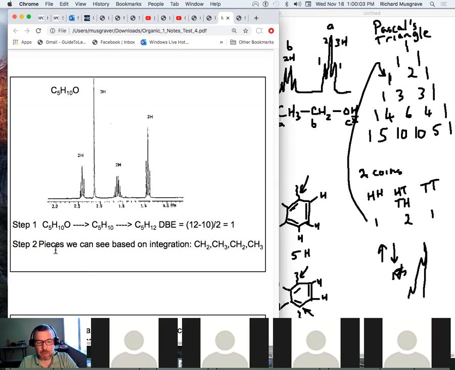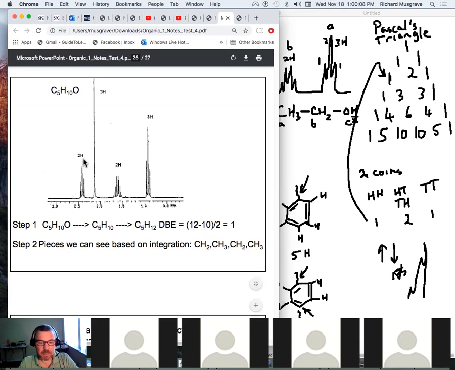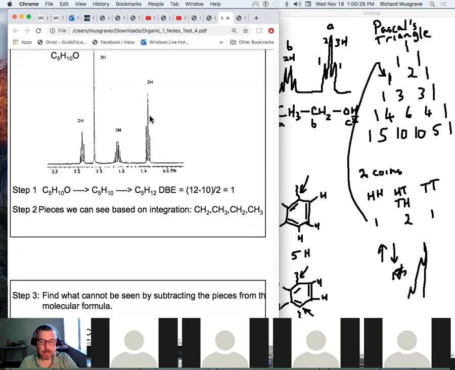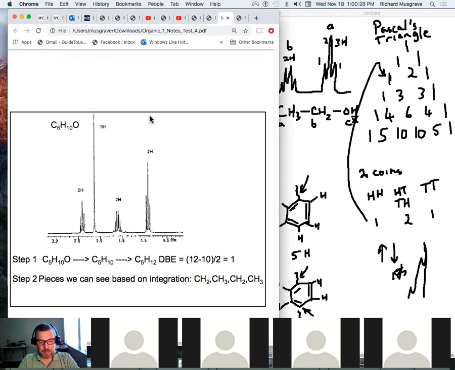Step 2, we look at the pieces we can see based on the integration. All I'm doing here is saying, well, that 2H, that's a CH2. 3H, that's a CH3. 2H, that's a CH2. And 3H, that's a CH3. Anybody lost so far? Any questions? Wait, so the 3H would be the HO then, right?